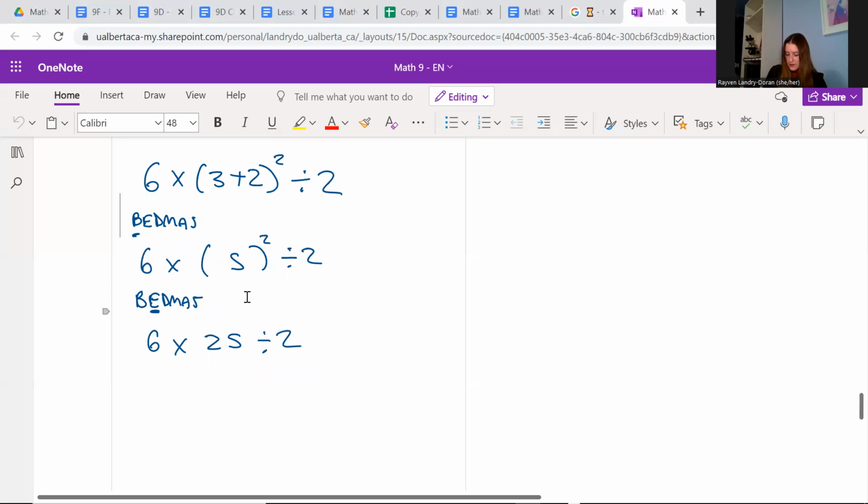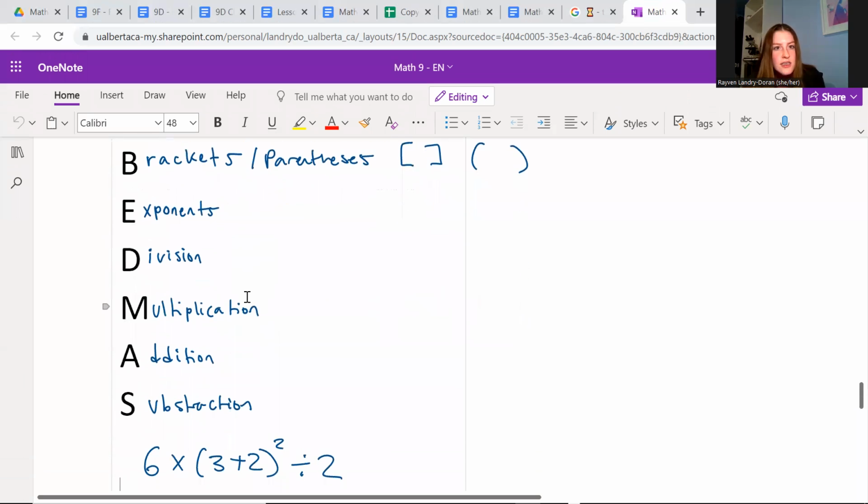What do I do next? I look at this and I go, okay, 6 times 25 divided by 2, what do I do? Well, we know that multiplication and division go next. Fun thing about multiplication and division. I didn't tell you before. Multiplication and division are basically equal. Same with addition and subtraction.